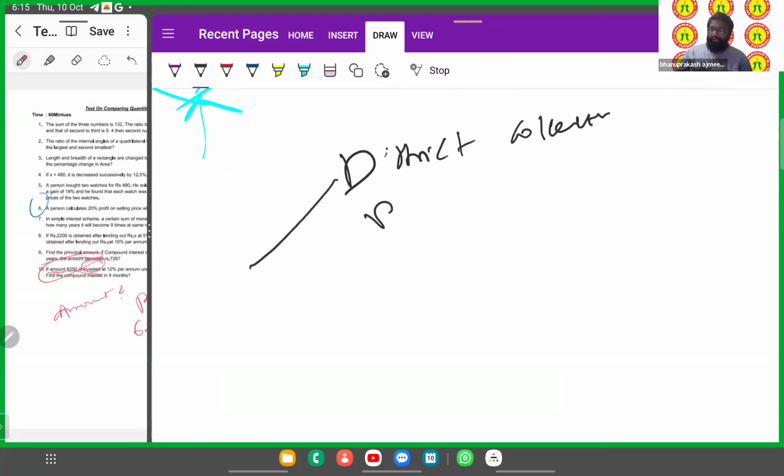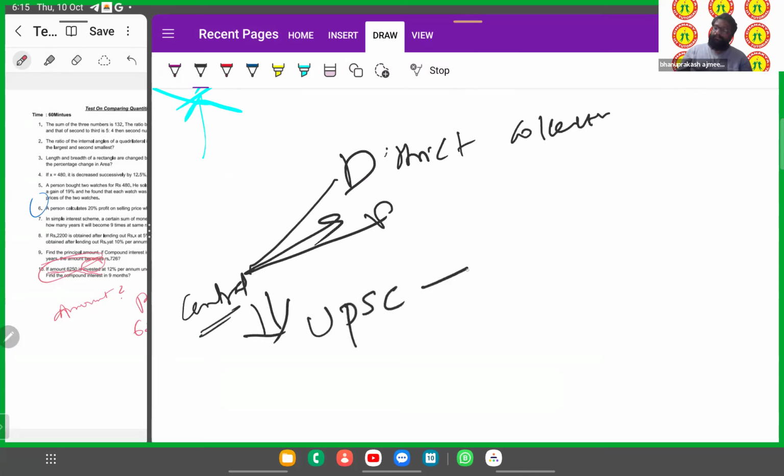To get recruited into those posts, the Central government has a separate recruiting agency called UPSC. UPSC conducts one examination every year called the CSE, Civil Services Examination.